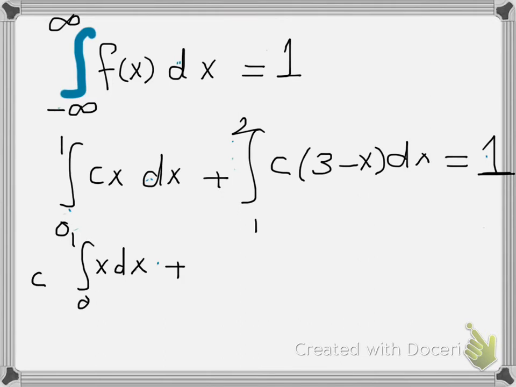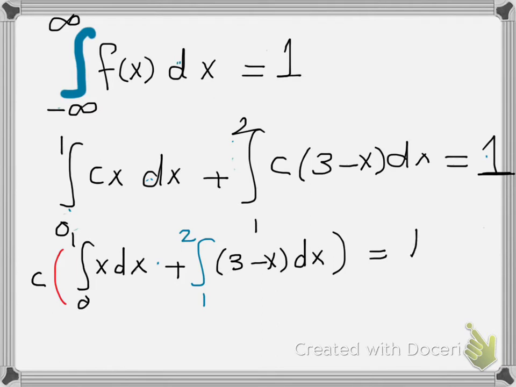Let me make a bracket like that, and then from 1 to 2 we have 3 minus x dx. So why did I take c outside? Because c is a coefficient. It is a single number, so we can put it outside and do the integration without using c.